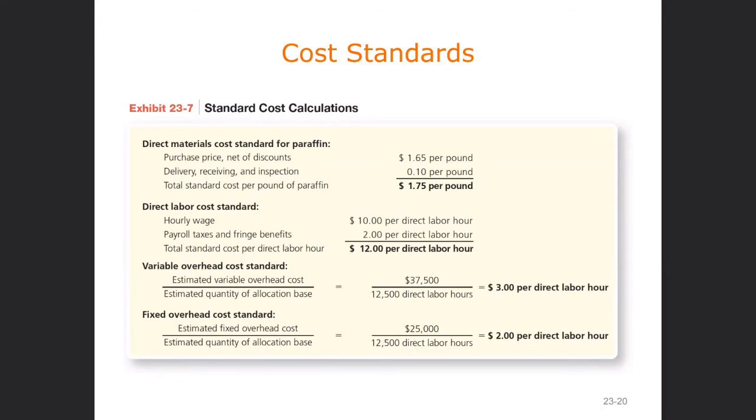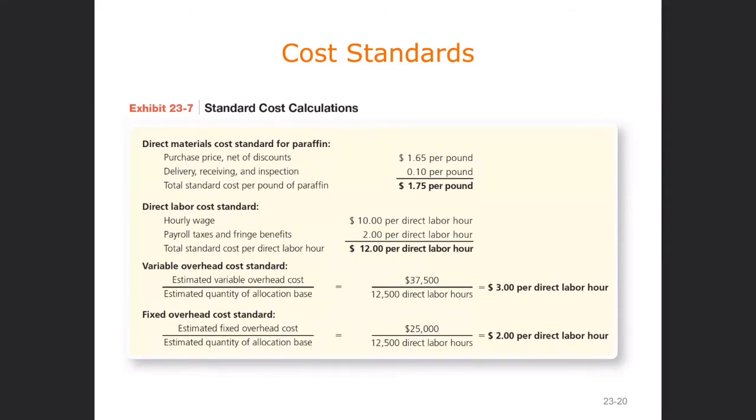This is slide 20. So it says direct materials cost standard for paraffin. They have a purchase price, which is net of discounts, of $1.65 per pound. And then the delivery, receiving, and inspection was 10 cents per pound. So their total standard cost per pound is $1.75.